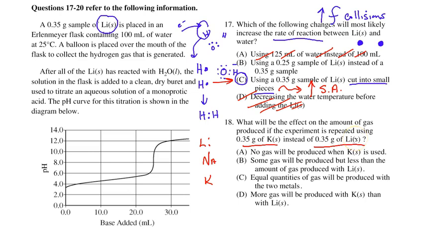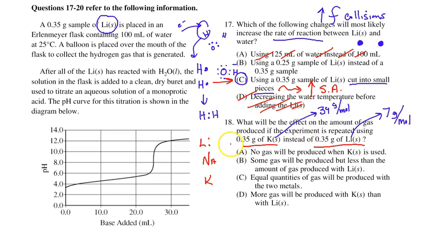Why? When you look on your reference table, you'll see that lithium has an atomic mass of approximately 7 grams per mole. I'm just reading the gram atomic mass. And potassium has a gram atomic mass of 39 grams per mole after I round off.